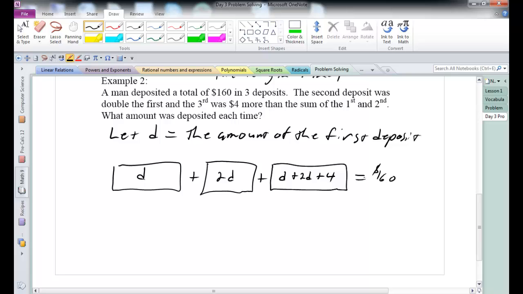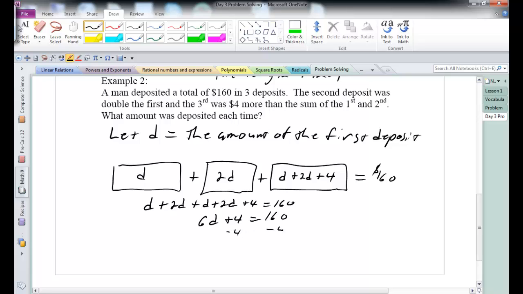So we've got a nice equation there in one variable. We can just sort it all out. D plus 2D plus D plus 2D plus 4 equals 160. Let's collect up like terms. We've got 6 D's there. 6D plus 4 equals 160.